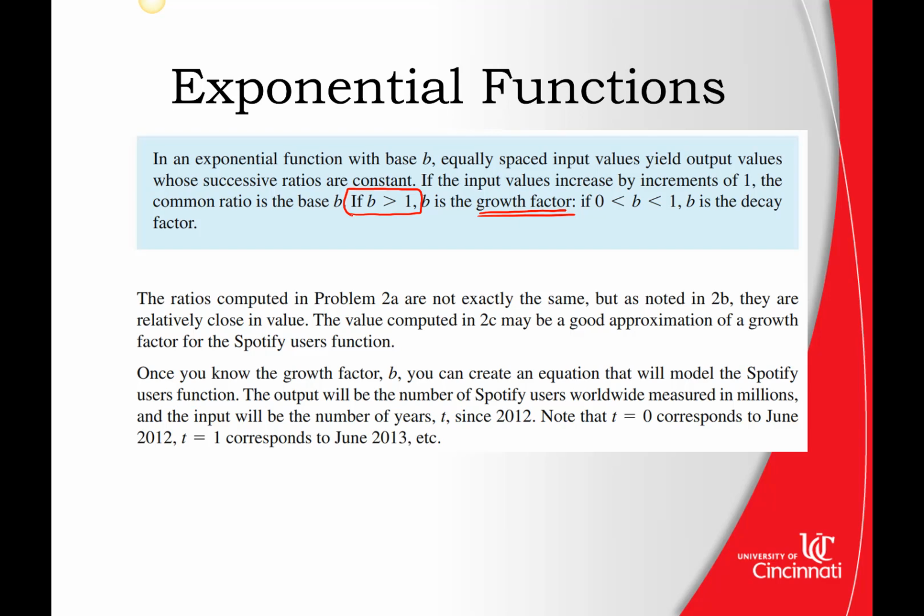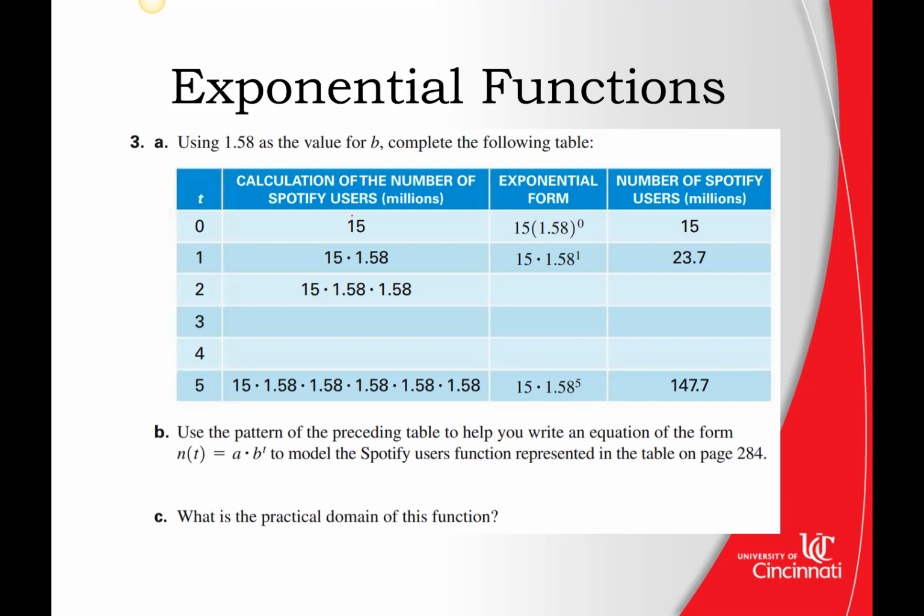Okay? We can use that information to create our own equation for how that data is growing. What we can do, notice we came up with 1.572 something or other.